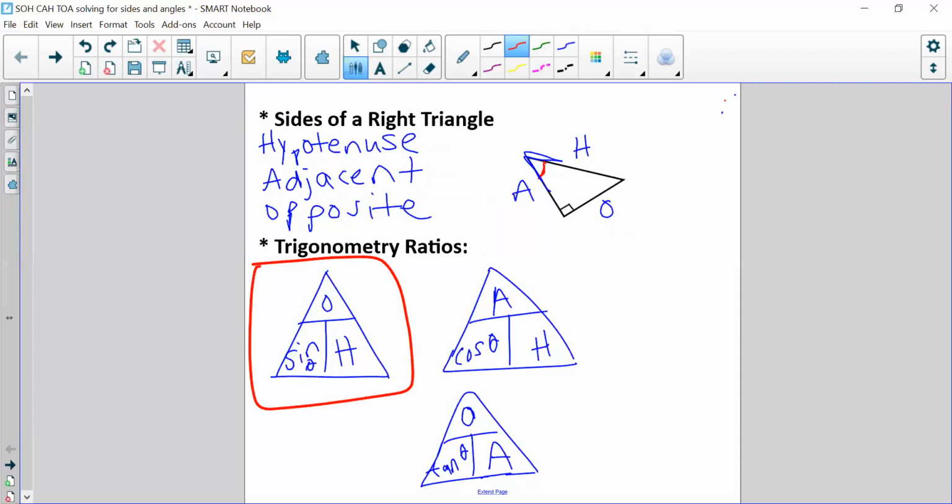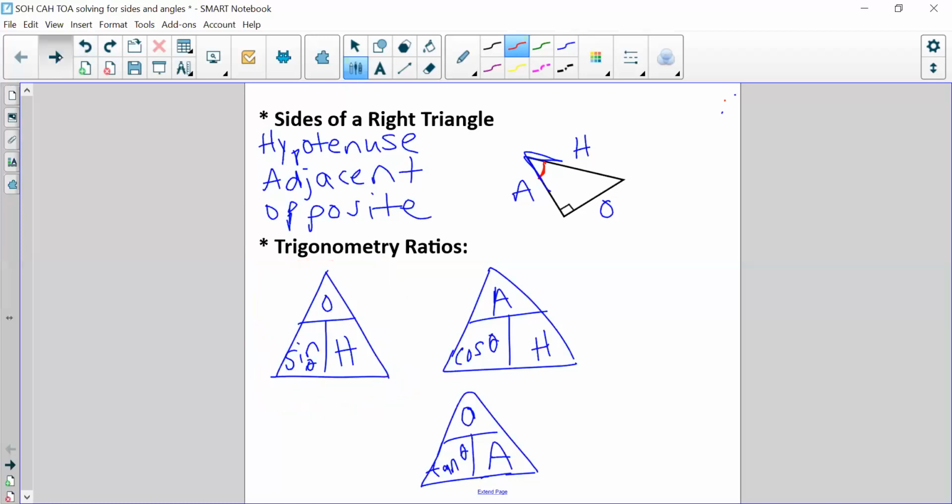In this case, I'm solving for the opposite. So I'm going to look at my remaining two pieces of information to figure out whether I'm multiplying or dividing. Side by side means multiplication. So I'm going to end up actually multiplying sine of my angle times hypotenuse.